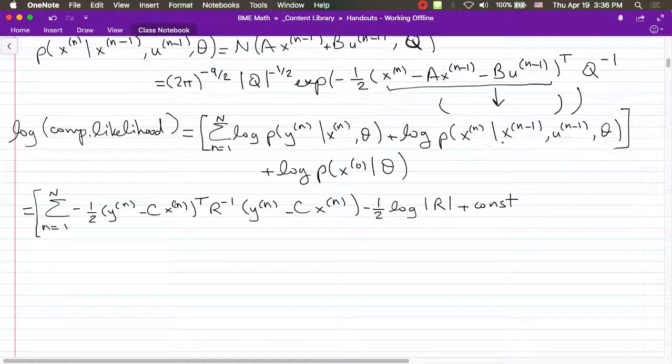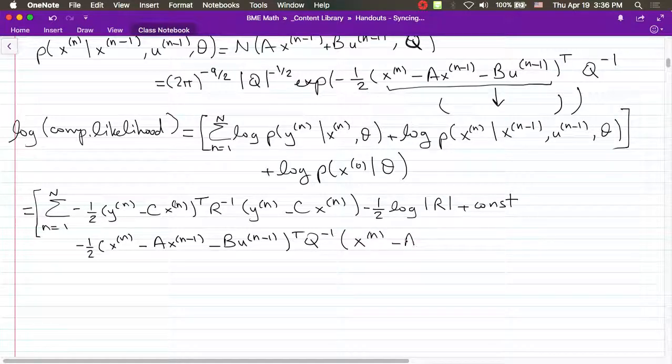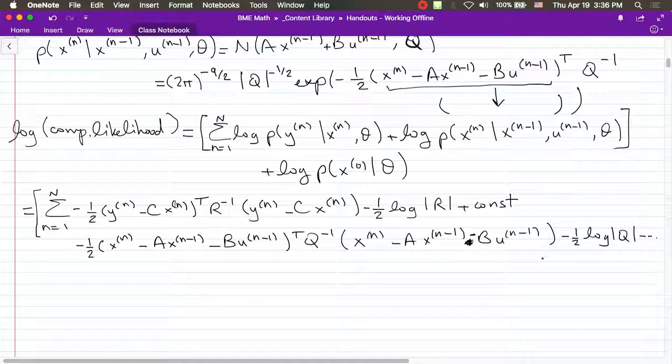Then the second term, p of x given x minus 1. So it's going to be another minus 1/2 (x of n minus A x minus 1 minus B u of n minus 1) transpose Q minus 1 times itself, and some constants at the end.